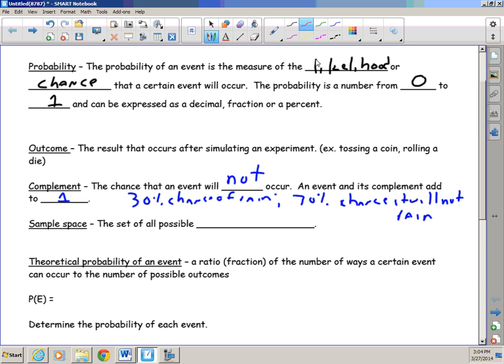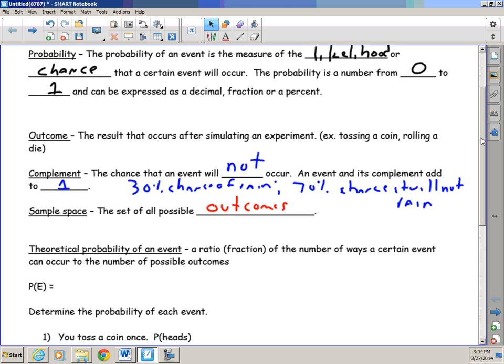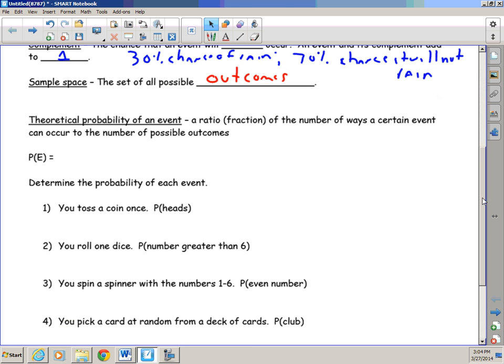The sample space is the set of all possible outcomes. So in other words, in rolling a die one time, the sample space is the numbers 1 through 6. Okay? Now, the theoretical probability is the ratio or fraction of the number of ways a certain event can occur to the number of possible outcomes.